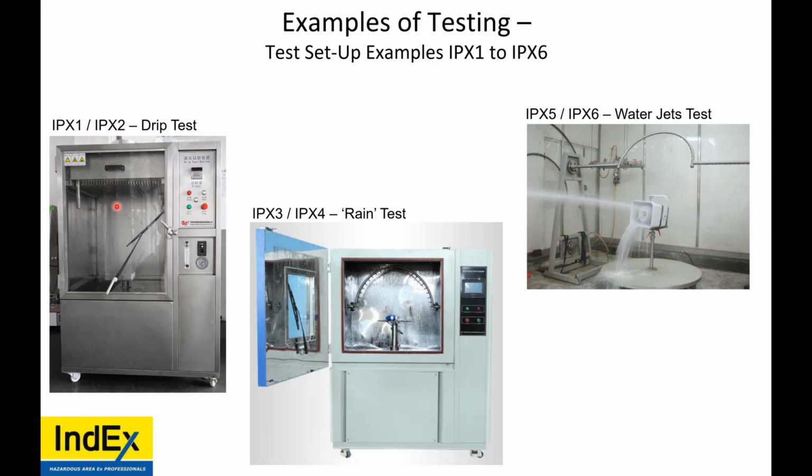This one is a drip test. IPX3, X4 is a rain test, an oscillating nozzle that goes back and forth, while IPX5 and 6 are direct jets of water at a specified distance and a specified temperature.